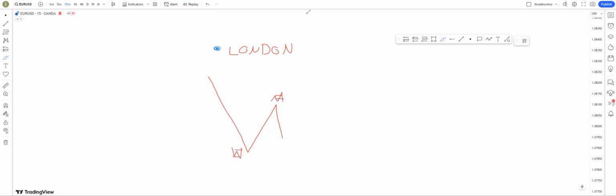From the previous one, we already took out internal range liquidity. So now we can come to the external. Now I'm showing you the simplest example. So basically you are in the phase where you're going to take out external on a bearish market structure. But obviously, let's say you are in this phase where you have to look for internal range liquidity. And yeah, your bias is going to be bullish.